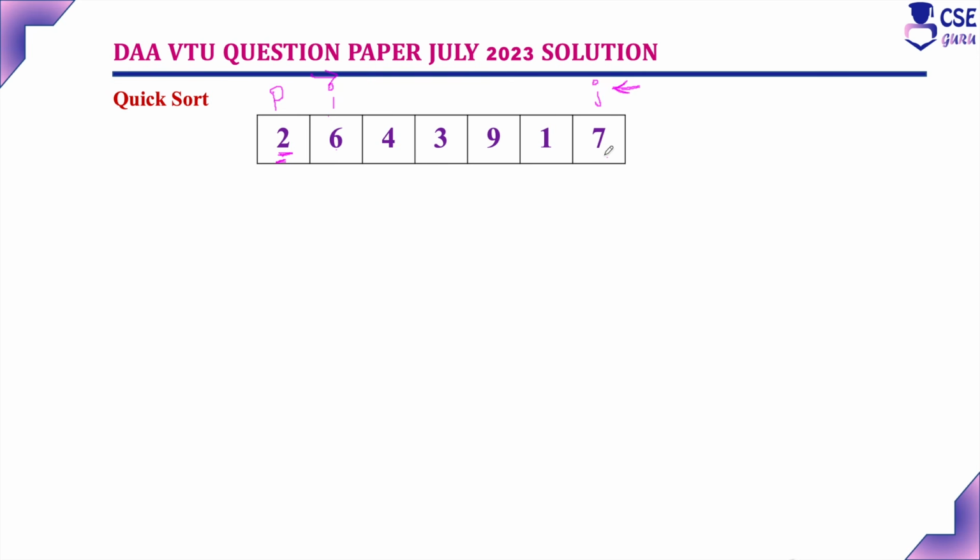Second situation is whenever the I index and J index have crossed over each other, in that case you have to exchange the pivot element with the J index value. Suppose I and J are pointing to the same element, in that case also you have to exchange with the pivot element. So these are all the three situations.